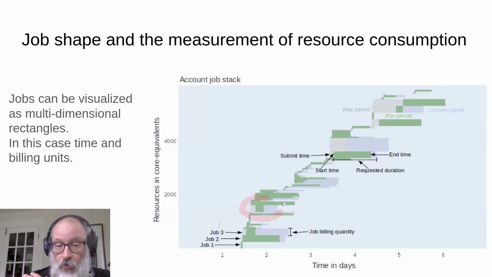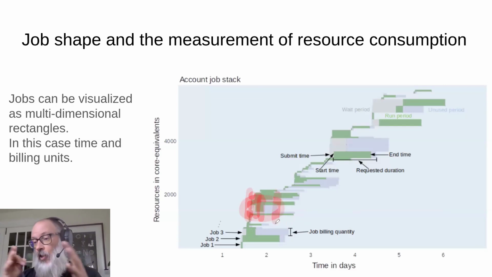This gray and green rectangle here is a job where it has a submit time, it has a start time. The green section is the duration that it ran, and then this other line here is the time limit that was requested for the job. All of these properties can be viewed in what we call a job stack.